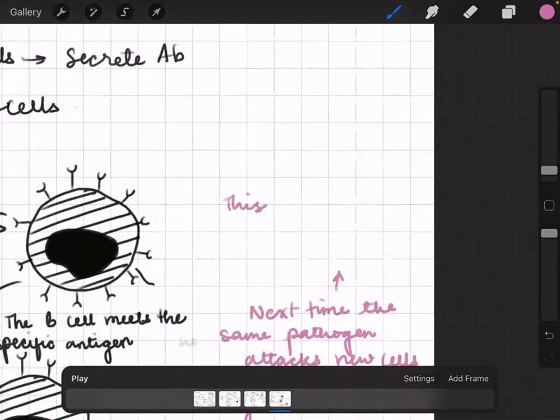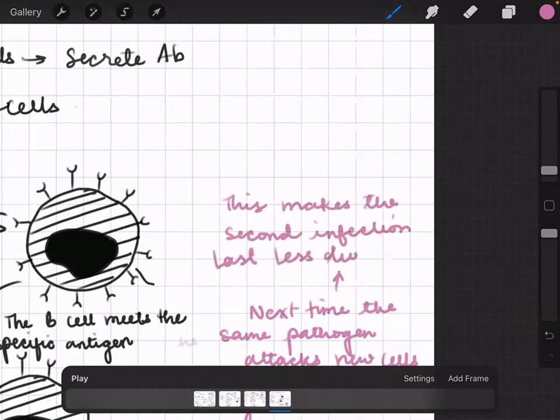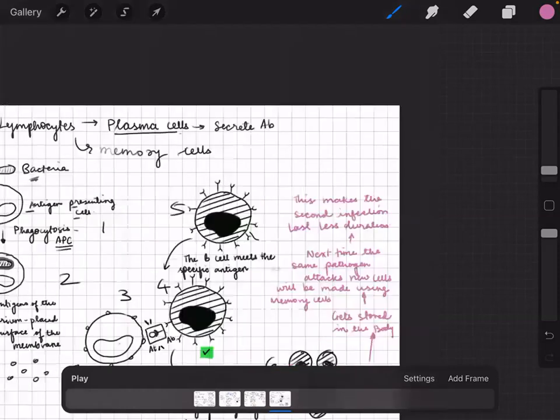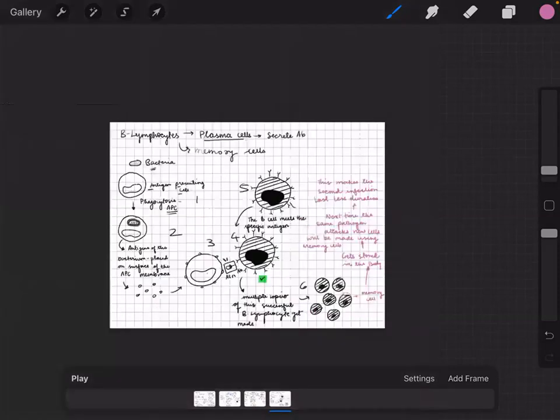This makes the second infection last less duration. So if you get attacked by common cold for the first time, you will have the common cold for a very long time.